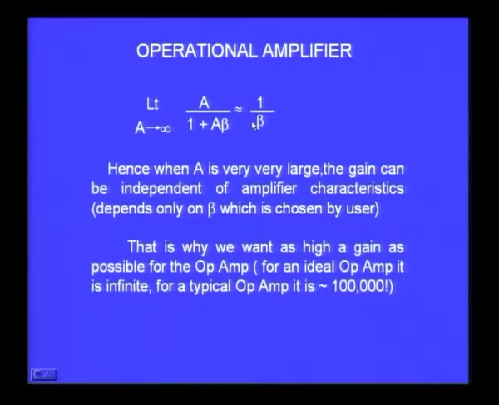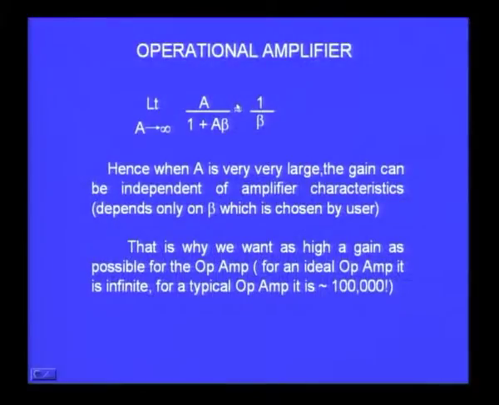The beta is done by us outside the amplifier by using some small resistor network, and therefore the amplifier becomes independent of its own characteristics, and it can be very easily controlled by having a couple of resistors outside controlling the feedback, and therefore the operational amplifier becomes an excellent device for different applications.